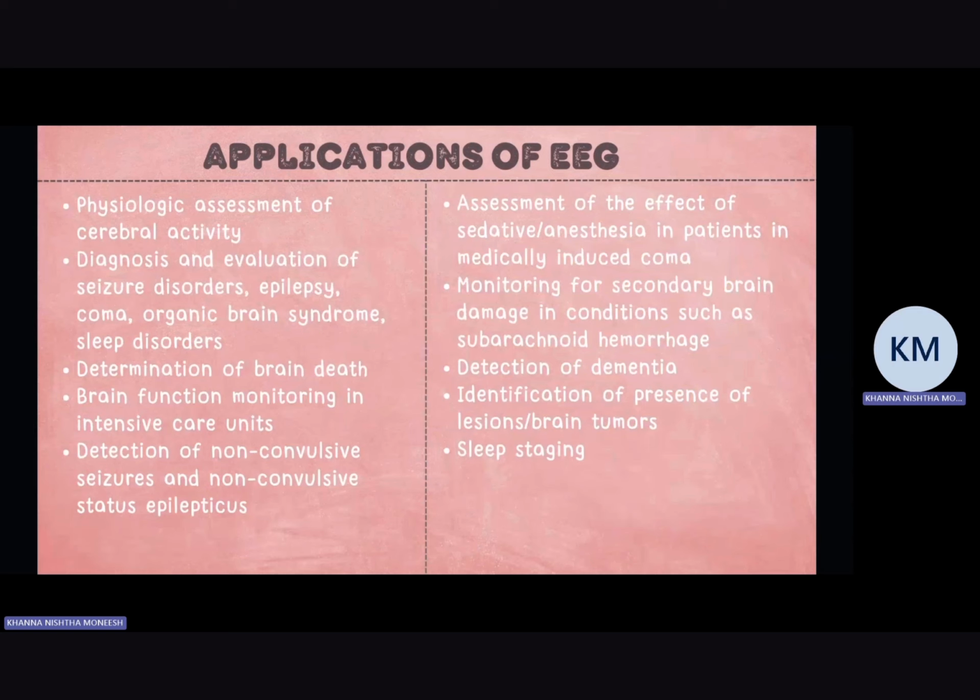Additionally, EEG plays a crucial role in determining brain death, monitoring brain function in intensive care units, and detecting non-convulsive seizures and status epilepticus. It is also utilized to assess the effect of anesthesia in medically induced coma patients and to monitor for secondary brain damage in conditions like hemorrhage. Moreover, EEG is valuable in identifying the presence of lesions, brain tumors, and sleep staging.